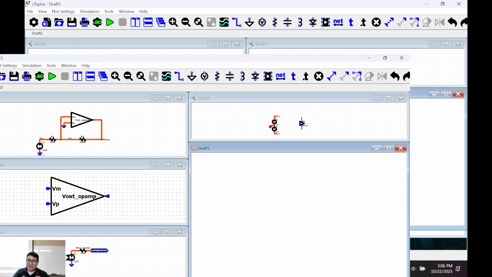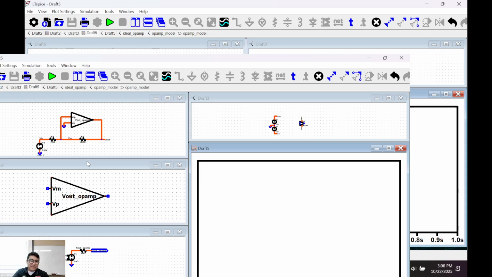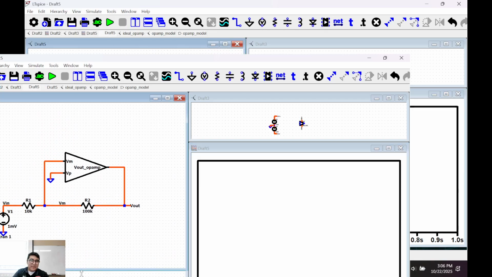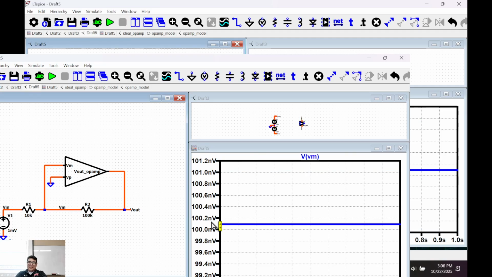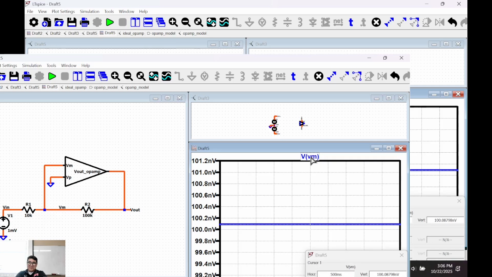Get rid of all these other windows. Here's our Vn, 1 millivolt. Here's our V minus. What's the answer? 100 nanovolts. Is that correct? Is that what you guys were getting?